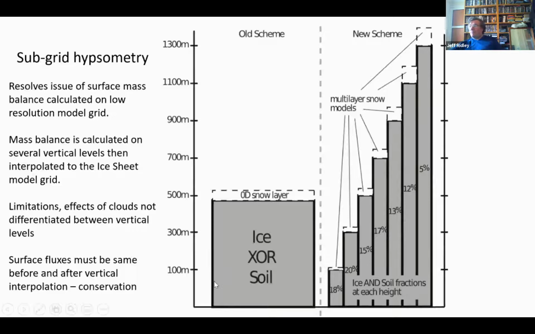So you've got to conserve, and if you messed around with clouds, you wouldn't conserve. So we ignore the fact that the clouds would actually follow the surface rather than be at the mean level, because in any climate model, conservation is absolutely key.